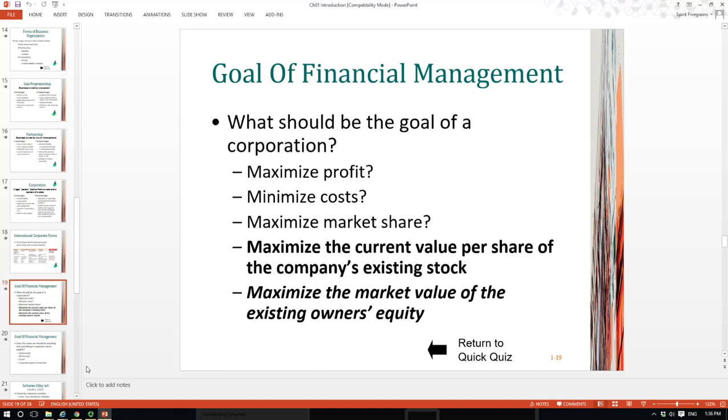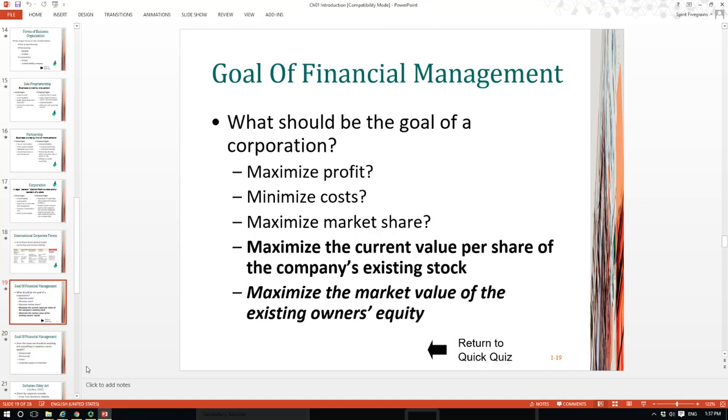Why? Because shareholders are the bosses of a corporation, and corporations should do their best to serve their bosses' interest. So the common goal of any corporation is to maximize shareholders' wealth. Right? But practically, it's harder to measure shareholders' wealth. How do we measure shareholders' wealth? Should we use the number that you see on the balance sheet to find shareholders' equity? Well, that is not a proper way to measure shareholders' wealth.